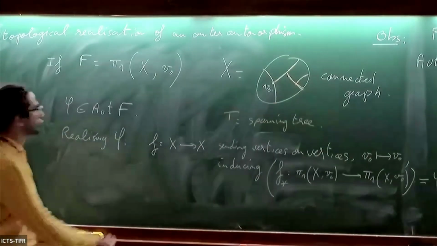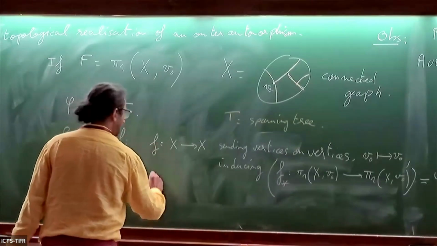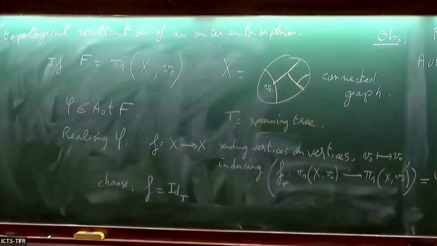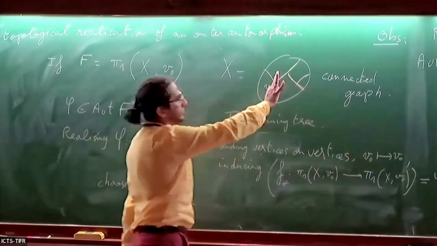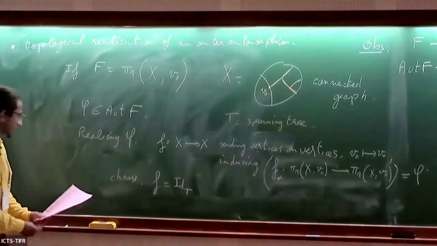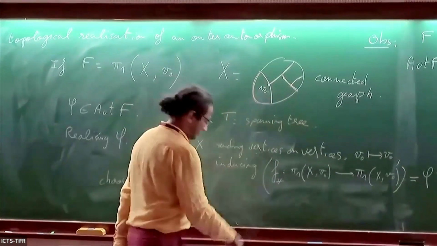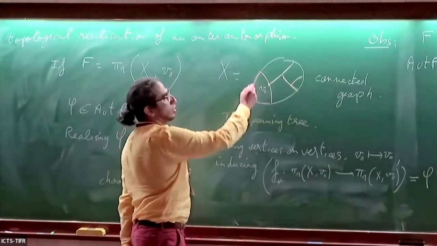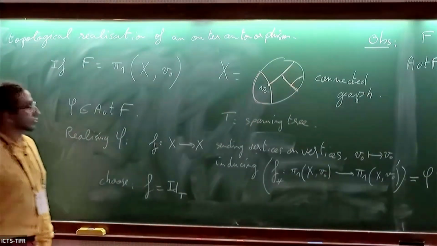So what's the recipe to do that? Choose the identity on the spanning tree. So you already send all vertices on themselves, so you're fine with that. And then I told you that each of the remaining edges helps as a way to describe the letters in the corresponding expression of the group as reduced words.